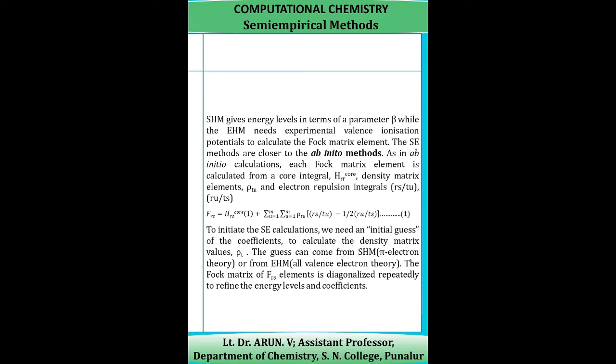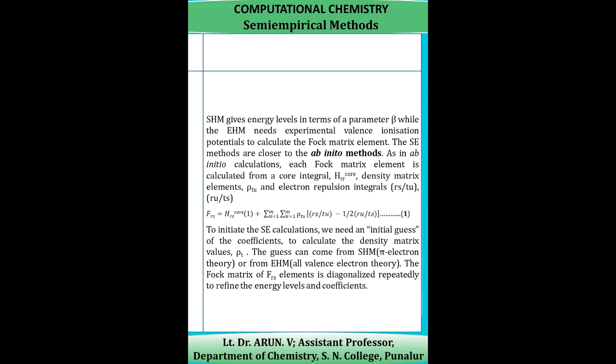As in the ab initio calculations, here also in the semi-empirical method, the Fock matrix element is calculated from the core integral, that is H_RR core, and density matrix element rho_TU, and the electron repulsion integral (RS|TU) or (RU|TS), using the equation: the Fock matrix element F_RS is equal to H_RS core plus summation over U equal to 1 to M, summation over T equal to 1 to M, rho_TU times (RS|TU) minus 1 by 2 (RU|TS).